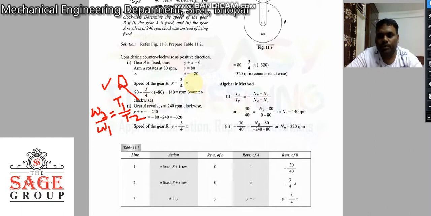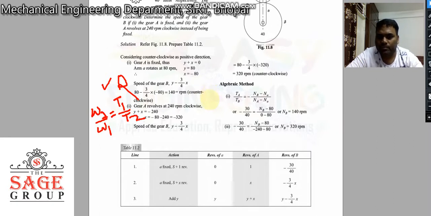We have to find the speed of B, and this last column represents it. Using this relation, we put in the x and y values and calculate the speed of B.